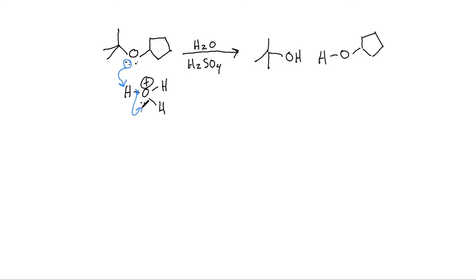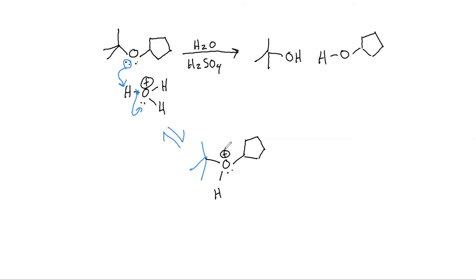So initially, our first mechanism step is the same as with the reaction of alkyl halides. We start with protonation as our first step. We create a protonated ether, and this allows us to create a good leaving group.